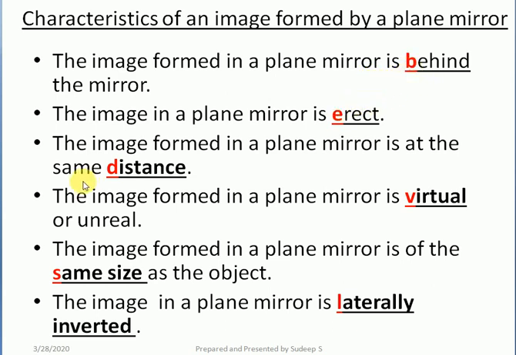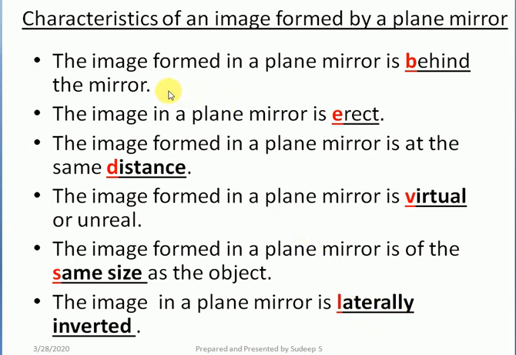B, E, D here represent behind, erect, distance, while V, S, L represent virtual, same size, lateral inversion.